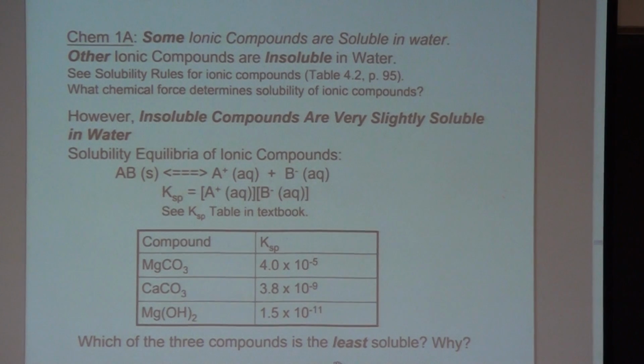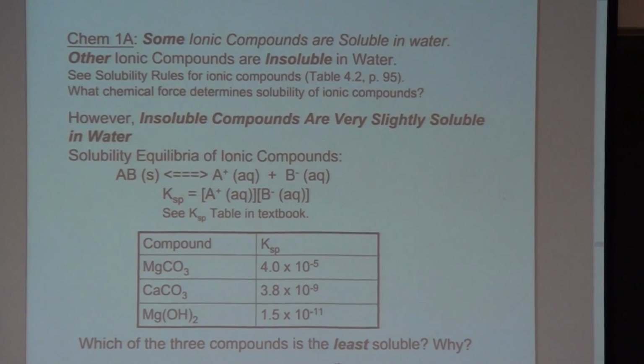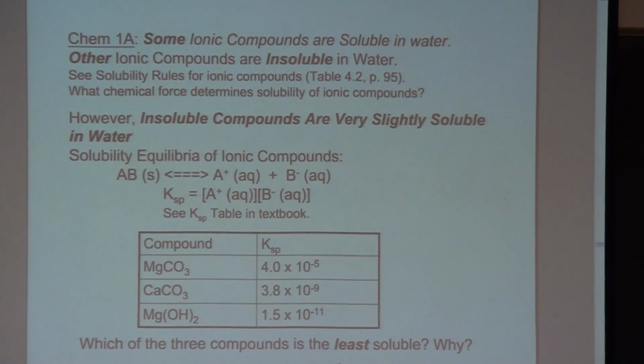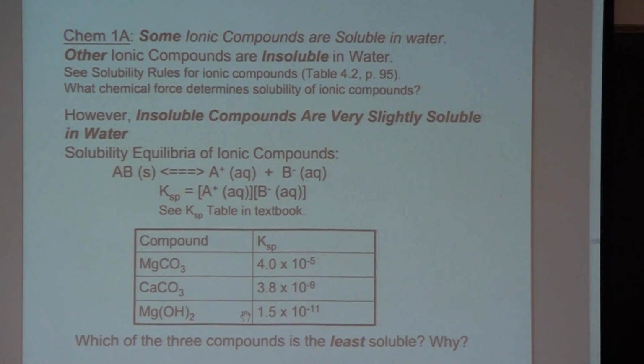So if you have more of the reactants over the products, then you have a lower number. So you're saying that the Ksp of those three is the largest or the smallest? Smallest. Yeah, so note that Ksp for magnesium hydroxide is the smallest of these three compounds. That's why of these three, magnesium hydroxide is the least soluble.